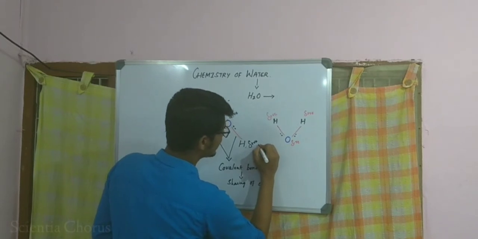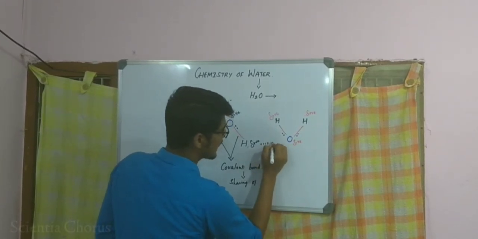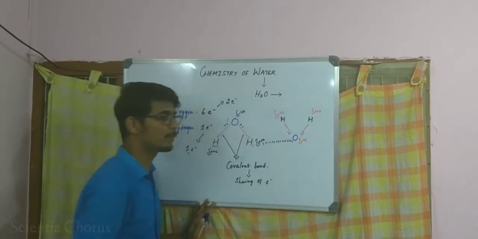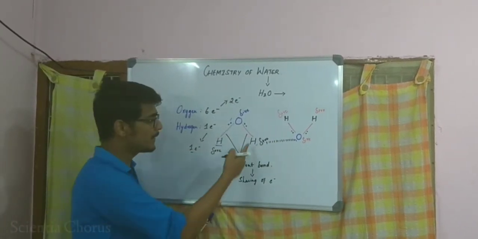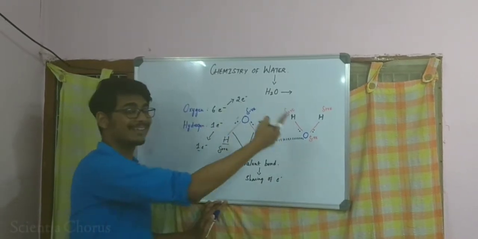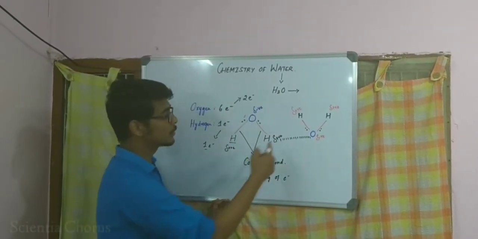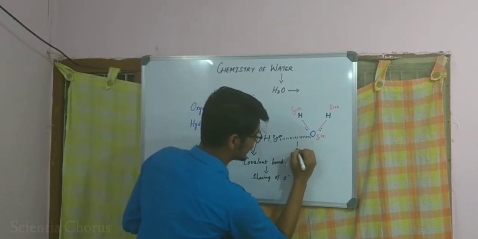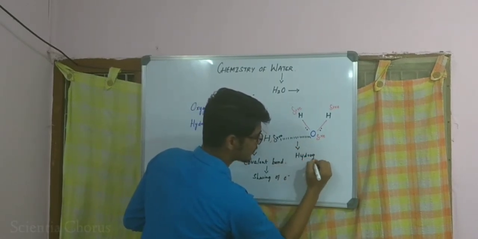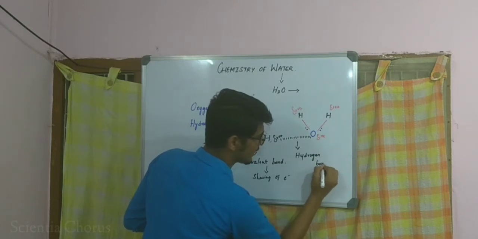So what is happening? There forms an interaction, or you can call it a force of attraction, between hydrogen and the oxygen of another molecule. Okay, so this interaction is called hydrogen bonding.